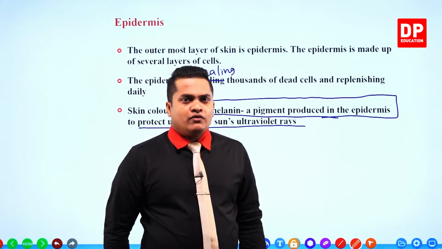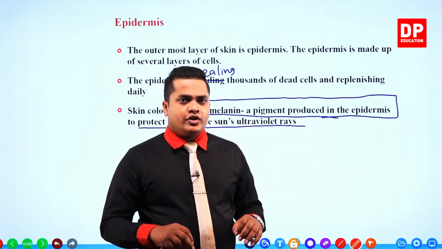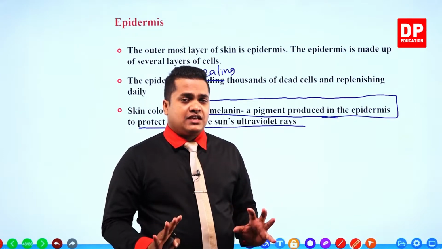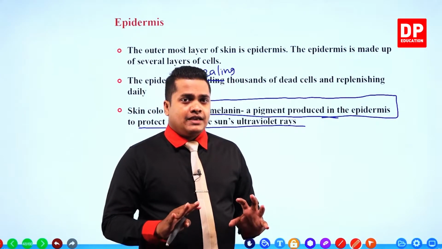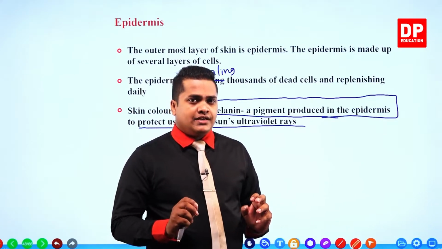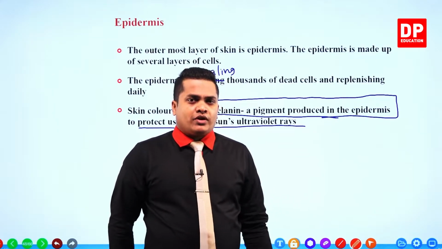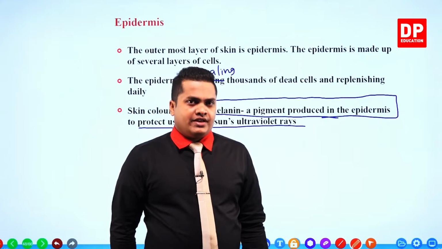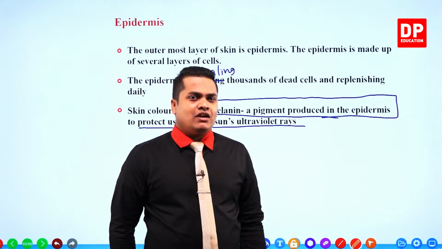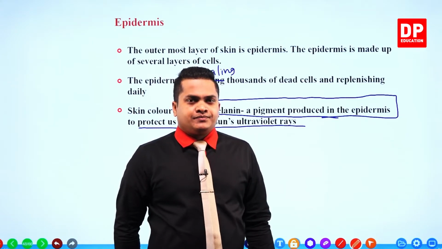So in order to protect from that amount of sunlight, if sunlight falls over a large time period, there is a probability of getting more ultraviolet rays. So to protect our skin from those ultraviolet rays, my dear children, there is a pigment called melanin. That's why our skin is somewhat darker than the people who are living in colder areas. Okay.